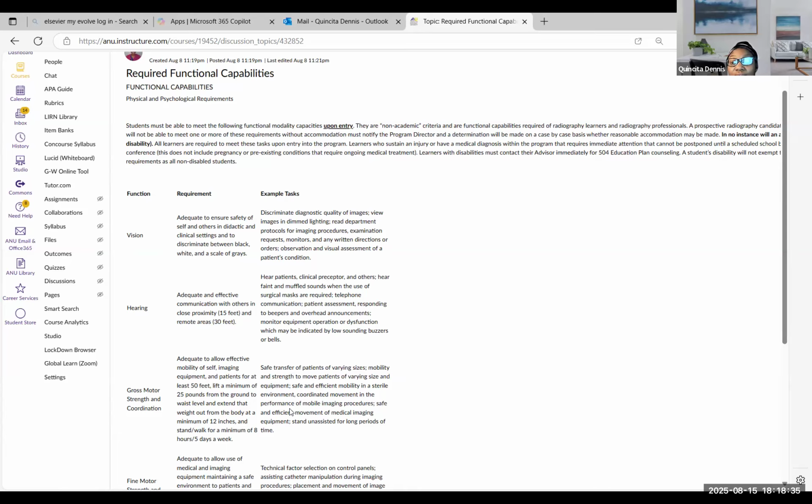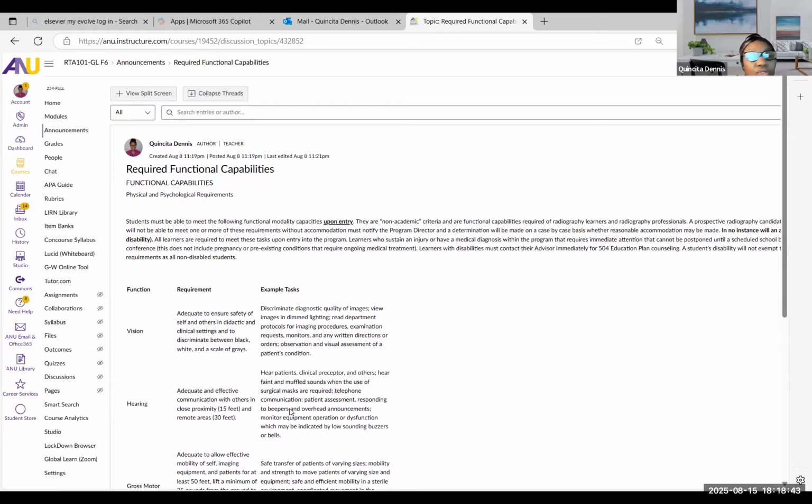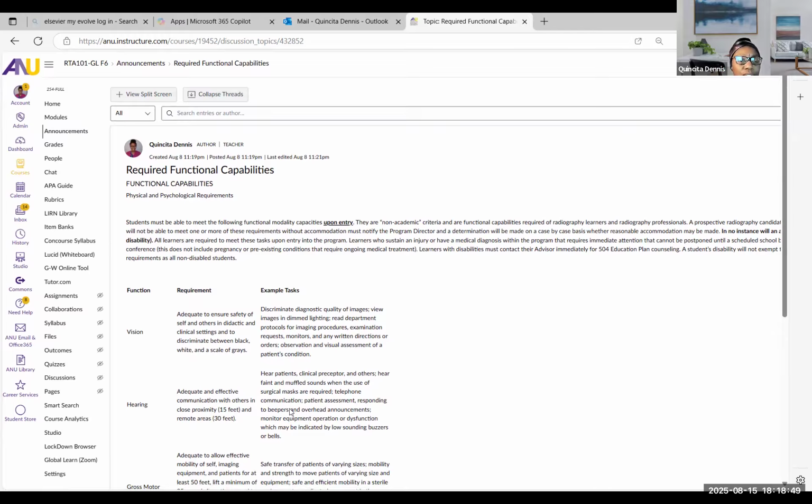All right. If you have a disability, like if you were blind, you could not be an X-ray tech. So again, some things that we need to know. All right. And those are the functional capabilities, whether they're physical or psychological.